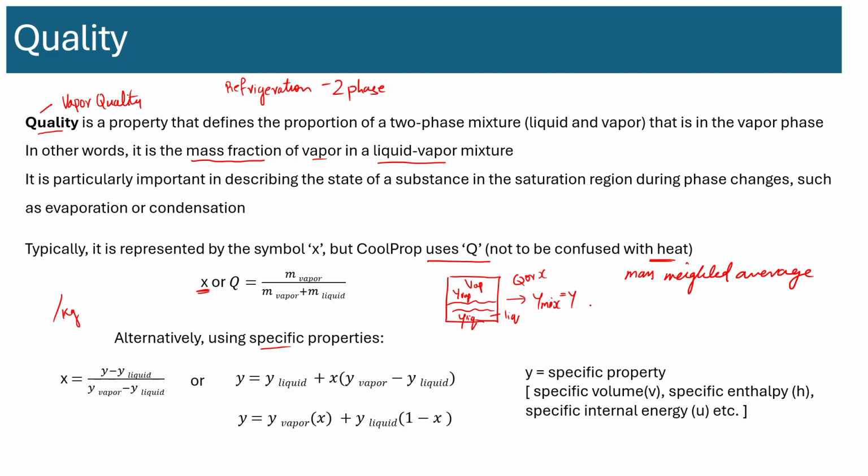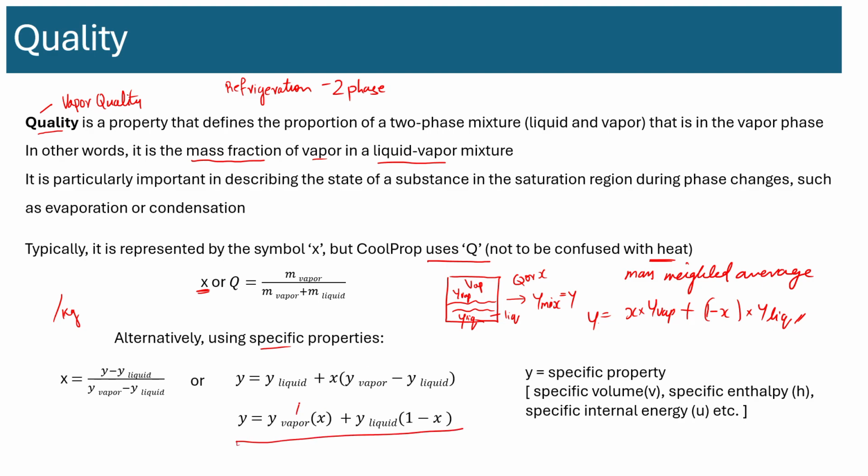So in that case, Y is equal to the mass of vapor, or the vapor fraction, is X. So X times the property of vapor, Y vapor. And what is the mass fraction of liquid? It will be 1 minus X. 1 minus X times the property of liquid. Okay, so that will give you the property of the mixture, which is this equation.